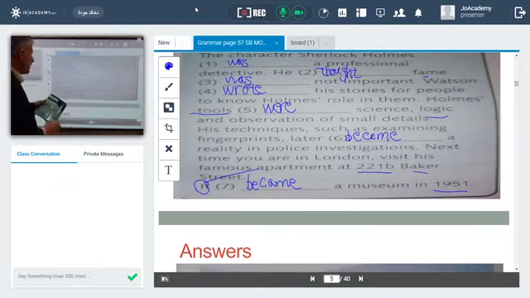So now we have finished the exercise, page number 57. Now listen to the passage again and check your answer. Now we will listen to the passage and check if our answers are right or wrong. So please now listen to the audio and check your answers. Let's go to the recording.